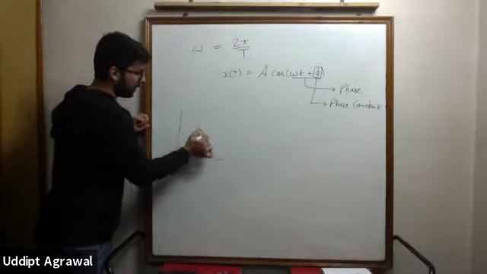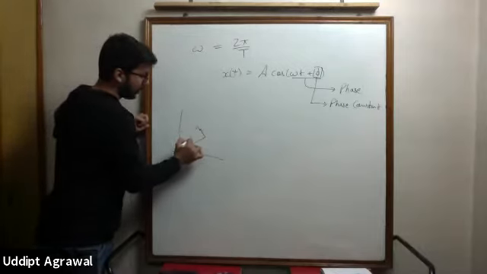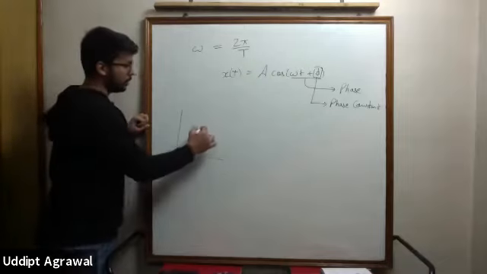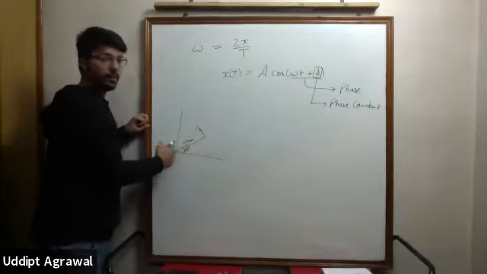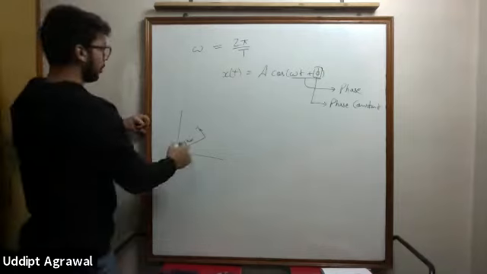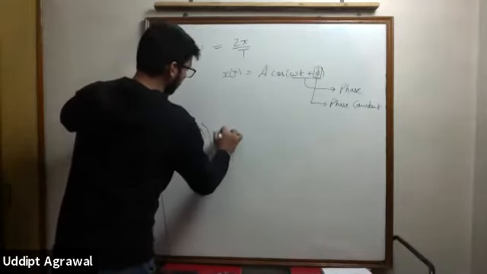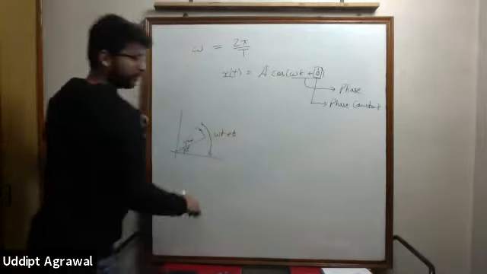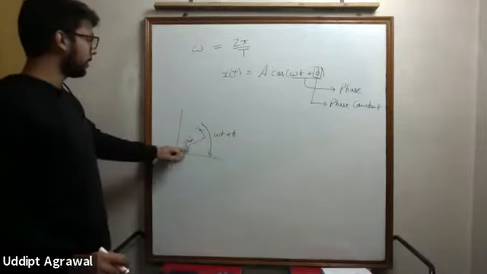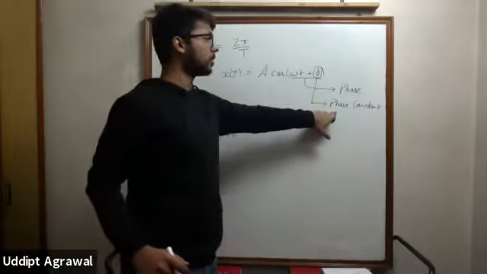After time t, if I go this much, this is my omega t. So after time t, this much I've covered, so in total this will become omega t plus phi. I'm starting at phi, and that is what phase constant is.